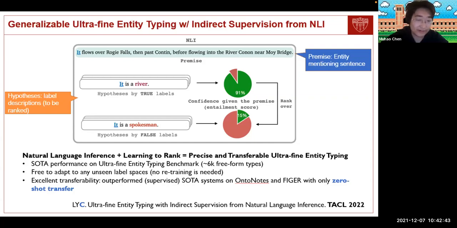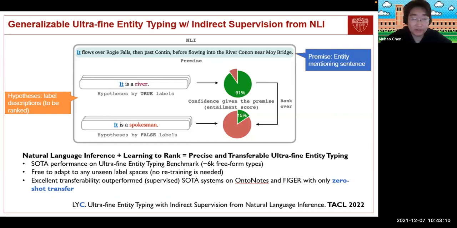For example, in the ultrafine entity typing benchmark, we have more than 6,000 free-form types. So this is going to be very difficult for any knowledge acquisition model to perform inference. Towards this challenge, really it's about generalizability and also adaptiveness to fine-grained labels and also unseen labels.